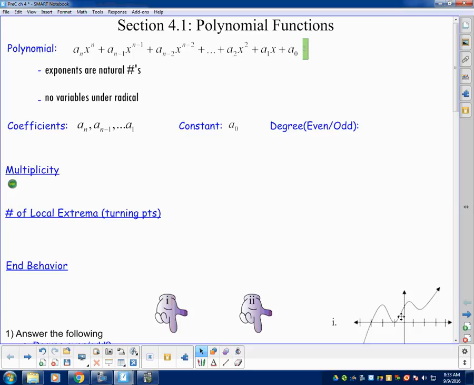The degree of the polynomial is the highest power. If you've written it in standard form, you can see it right away with the first term. So a quadratic would be of degree 2, a linear expression degree 1. What is the constant? It's a naught, or a sub 0. It's just the number that does not have a variable attached to it.